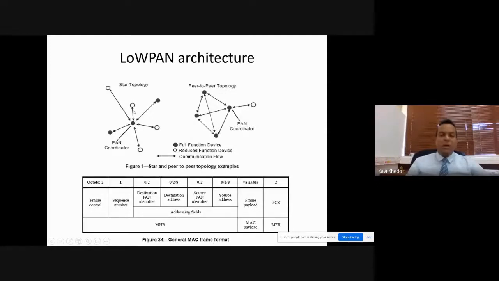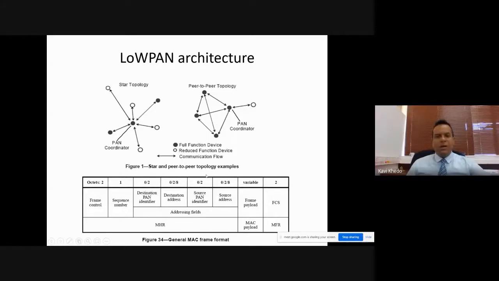This is a typical LoWPAN architecture. We're talking about LoWPAN, not 6LoWPAN, and this is how it operates. This is a star topology where your sensors communicate to some gateway, to some node here. And this is a peer-to-peer mesh, where each node can communicate with all the other nodes in a peer-to-peer fashion.